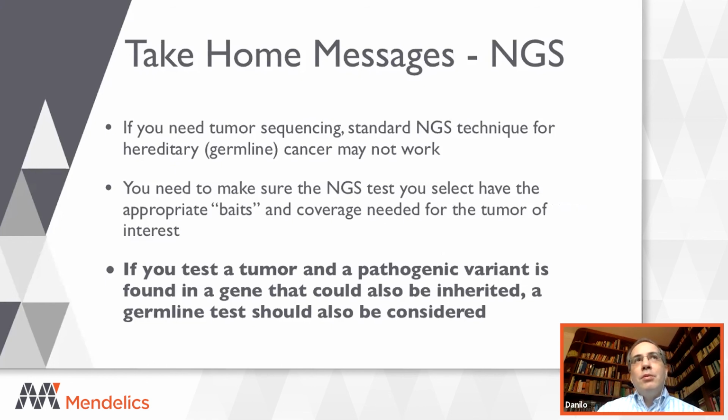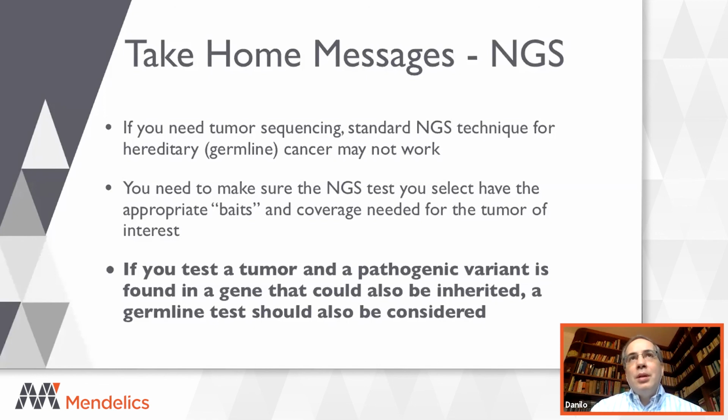And if you need tumor sequencing, the standard NGS technique for hereditary cancer probably will not work, because it will not be capable of detecting low fractions. For germline NGS testing, our goal is to achieve between 20 and 50 or 70% allele fraction. If it goes below that, it probably won't be detected.